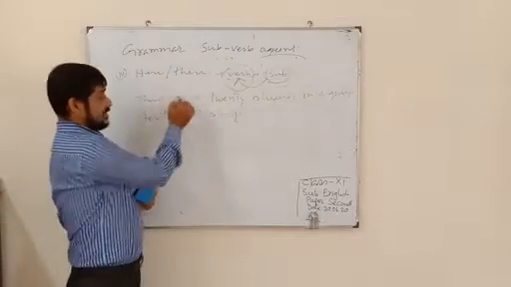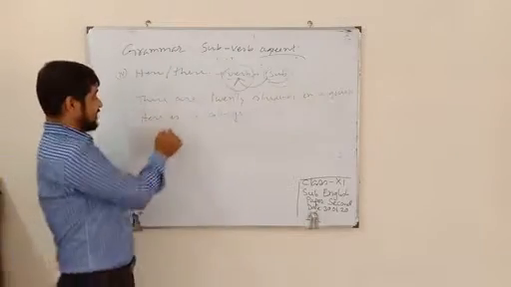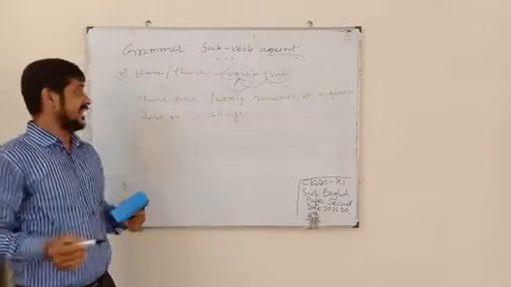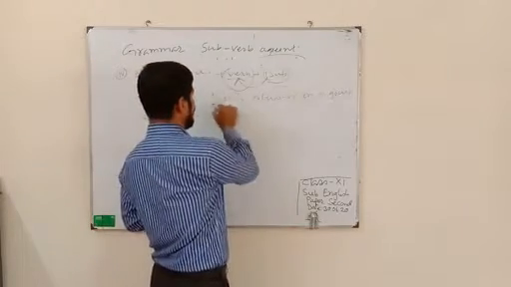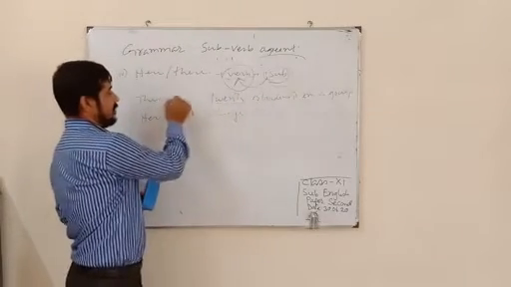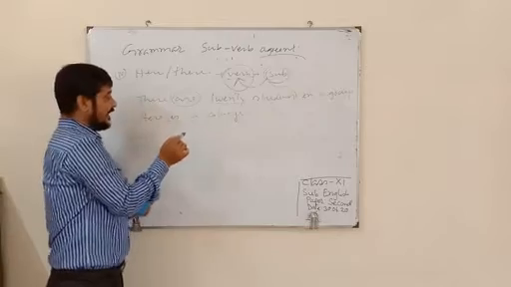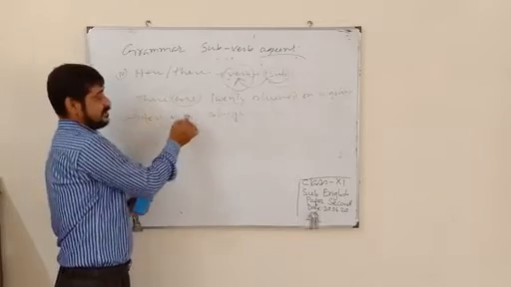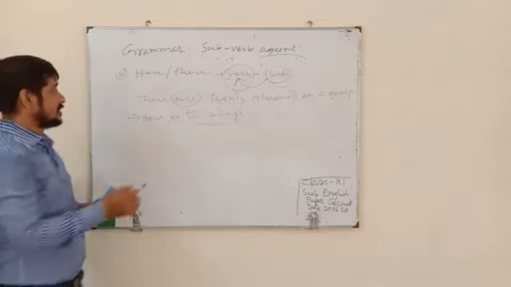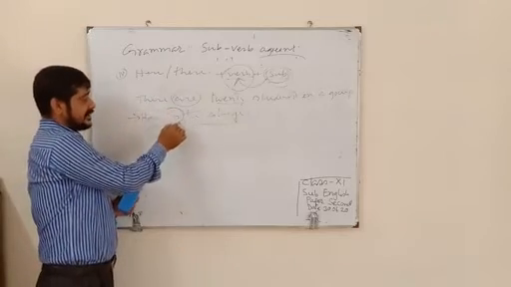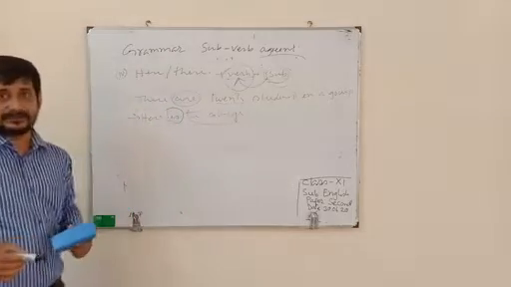Here the verb is plural and here it is singular. Why? As this noun is plural, your verb is plural. And in this sentence, as your subject is singular, your verb is singular.